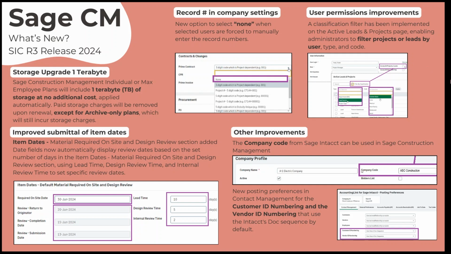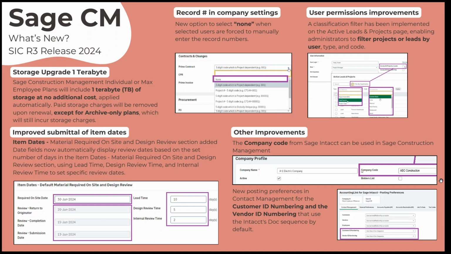The user permissions improvements, the classification filter has been implemented on active leads and projects pages, so administrators can filter projects or leads by user, type, and code. Some other improvements is that the company code from Sage Intacct can now be used in Sage Construction Management as of this company profile right here.